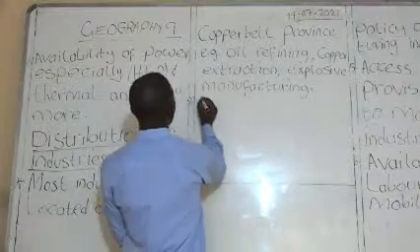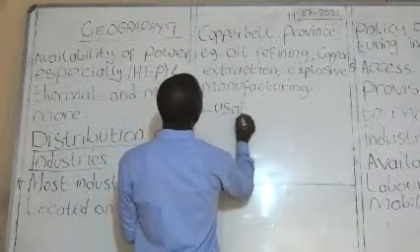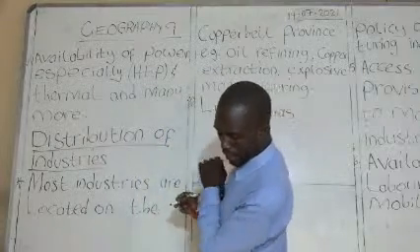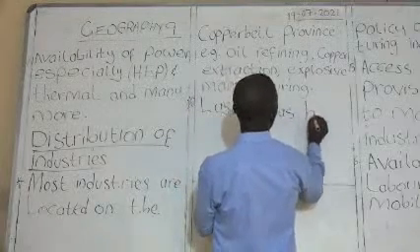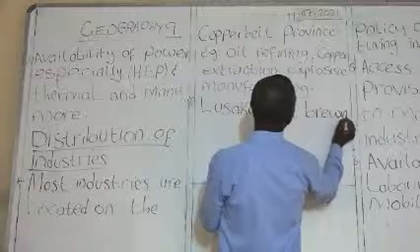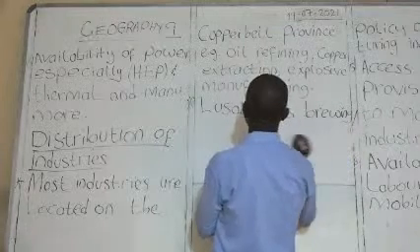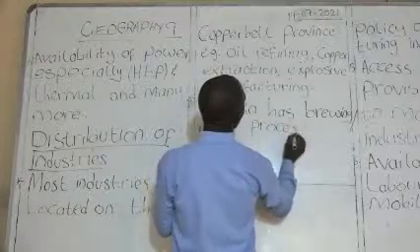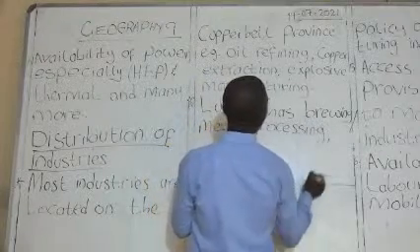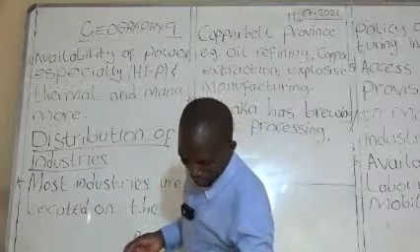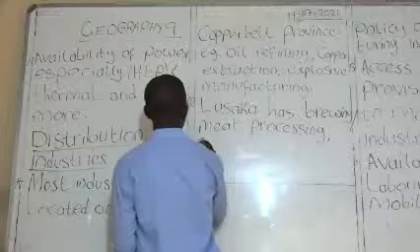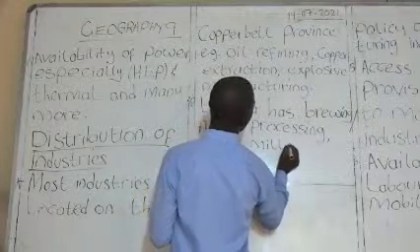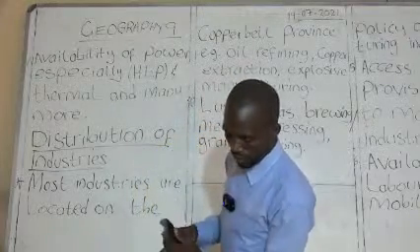So Lusaka has brewing, and slaughtering, meat processing, then we have another one, grain milling. This is for Lusaka.